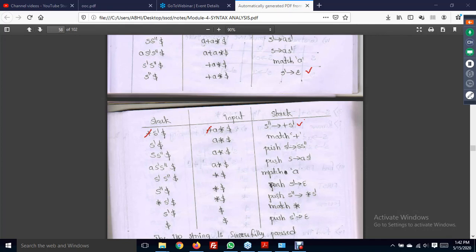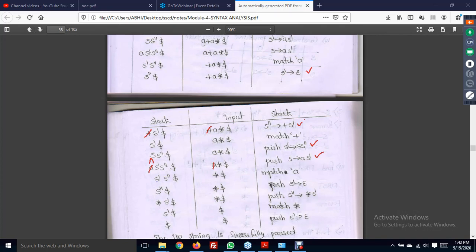So S dash with A, I have a production S dash tending to S S dash, so S S dash dollar with A, so S with A, I have a production S tending to A S dash, so A and A get matched, so I'm left with S double dash dollar, and with the input star and dollar.